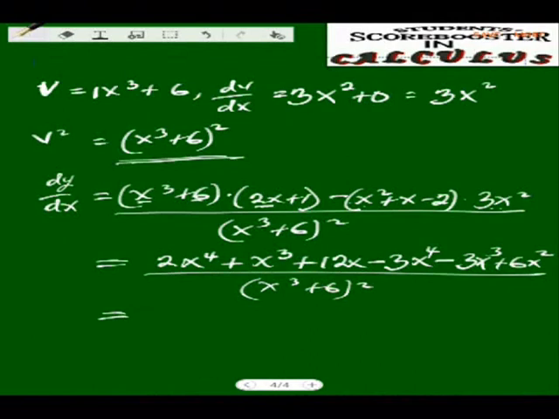So all you need to do here is to bring the like terms together. What I mean here is, we have s raised to power 4 here, we have s raised to power 4 here. So 2s raised to power 4 minus 3s raised to power 4 will give you minus s raised to power 4.